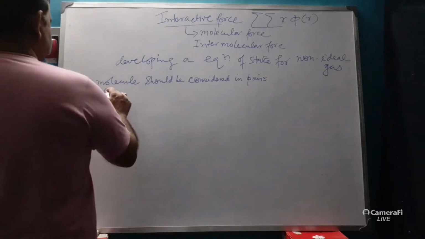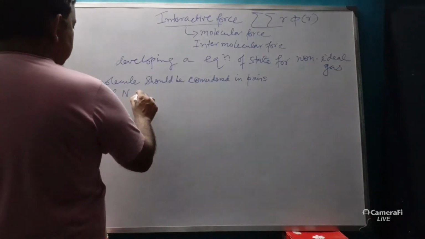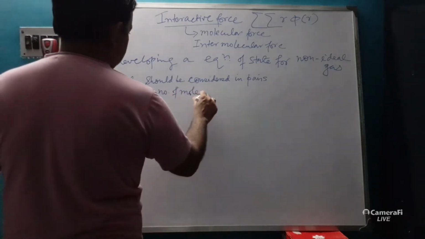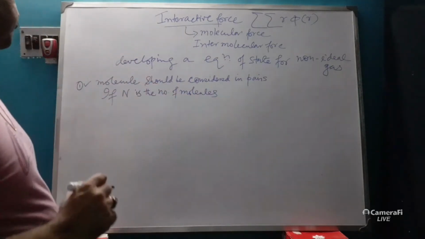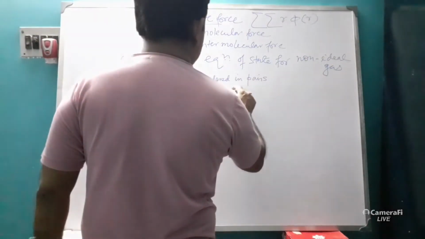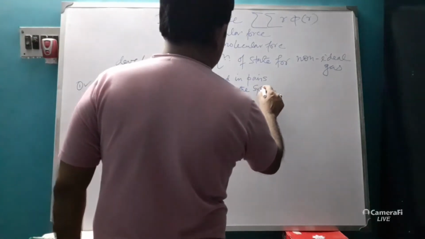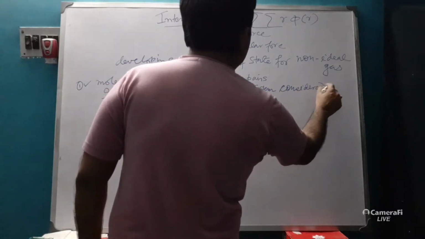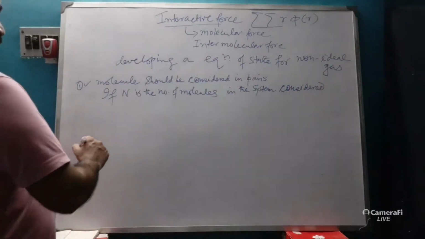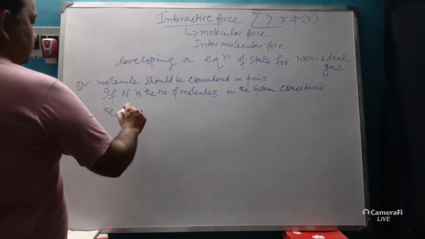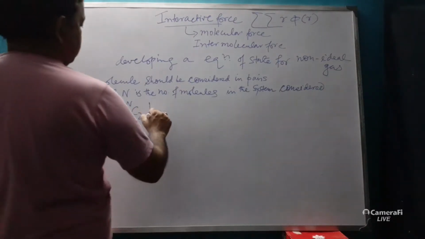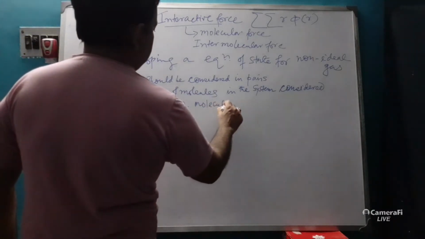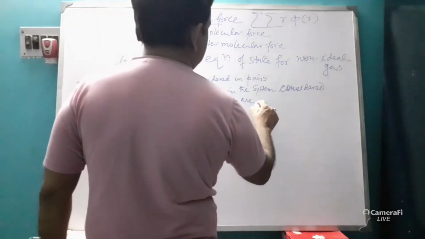So if n is the number of molecules in the system considered, then NC2 pairs of molecules are present.